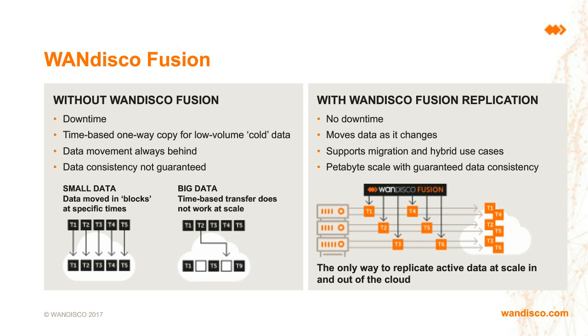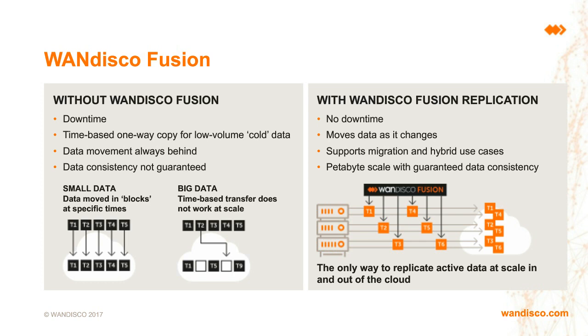And resolving inconsistencies that are introduced simply because your data change on a frequent basis and do so at very large scale becomes a very difficult thing to accommodate. So introducing WANdisco Fusion is the solution to this problem. Without downtime to applications, WANdisco Fusion ensures that data are replicated between these environments continuously as soon as change occurs.